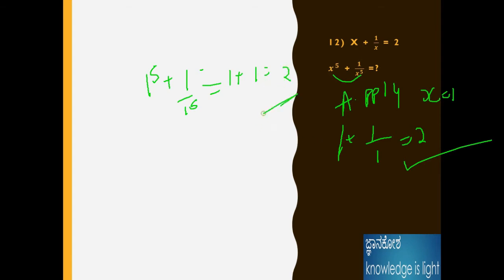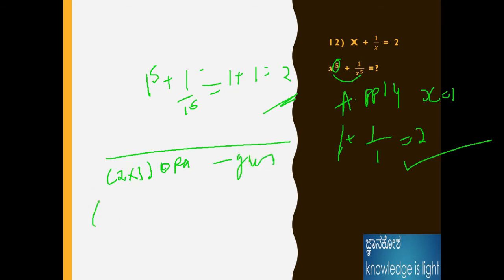You can either apply this logic, or we already know the formula for the power of 5: 2 operations separate and 3 operations separate, 2 into 3 operation separate and minus the given number. Understand? Therefore 2 square is 4 minus 2, and the 3 operation is 8 minus k cube minus 3k, meaning 3 times 2 is 6, minus the given number.